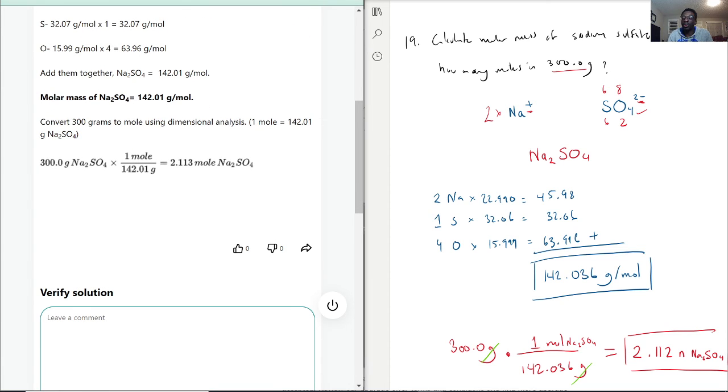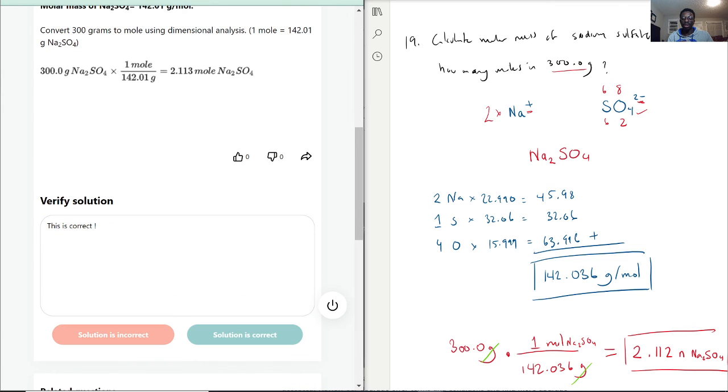It's just important that when you are solving these questions, you always refer to the periodic table that you were given, because as you can see, the numbers can vary based on the periodic tables you're using. And exactly, they have the right units and everything for this question, so we are good to go.